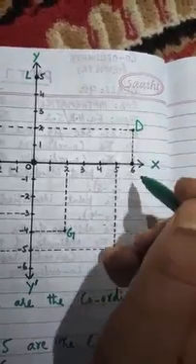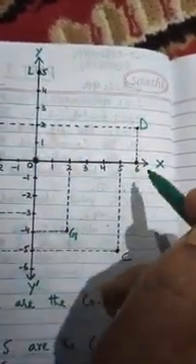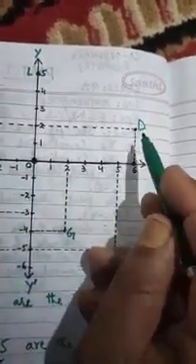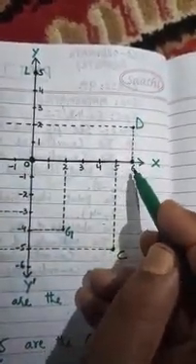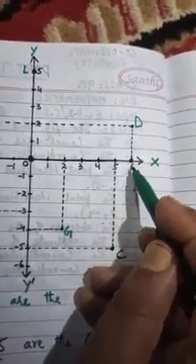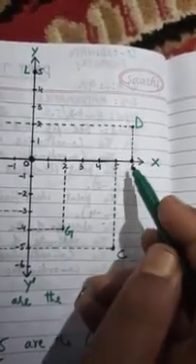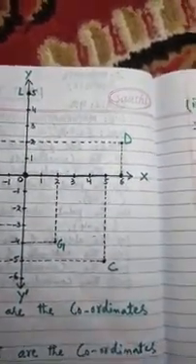First value is on x-axis and second value is on y-axis. We have to find the first value, that is the abscissa. Point D is towards the value 6. So abscissa of point D is 6, and ordinate of point D is 2. But we don't have to write the ordinate, we have to write the abscissa of point D, that is 6.